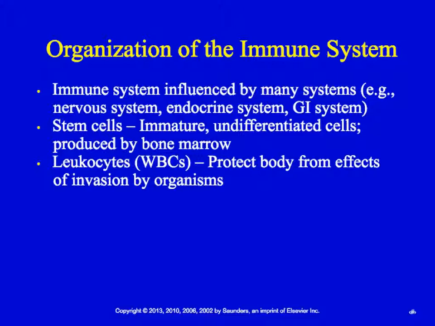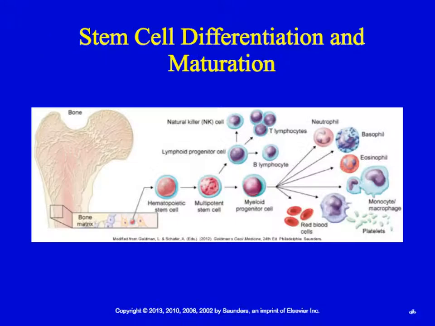They are not really one system, but the immune system is influenced by many systems, the nervous system, endocrine system, and so forth. But most of the stem cells that mature into the leukocytes, or all the cells that are involved in the immune system, are produced by the bone marrow, and that is in the next slide. This slide is a good visual for the maturation of the white blood cells.